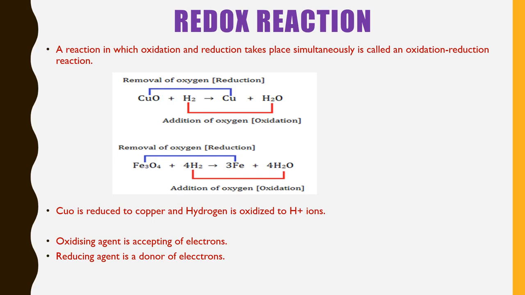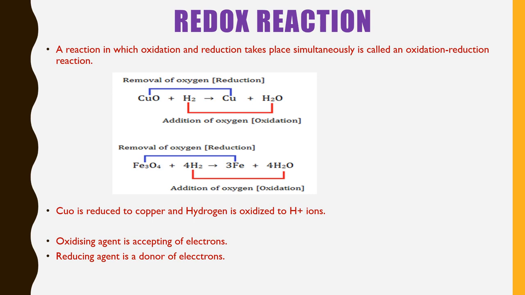Here we are going to discuss with examples. First one, copper oxide is reacting with hydrogen, giving out copper plus water. Copper oxide, one oxygen was removed and then it becomes copper. Here the removing of oxygen, we can say it as a reduction.